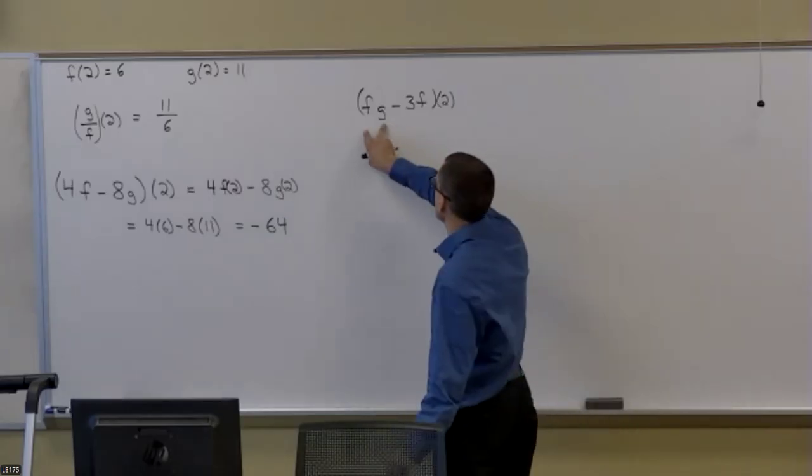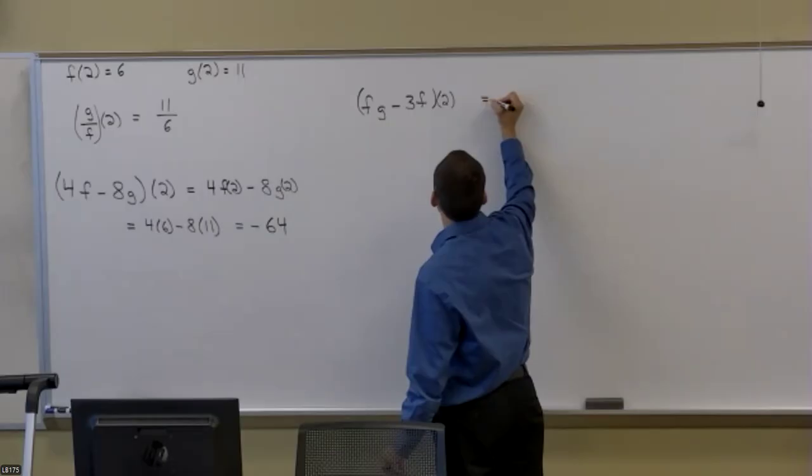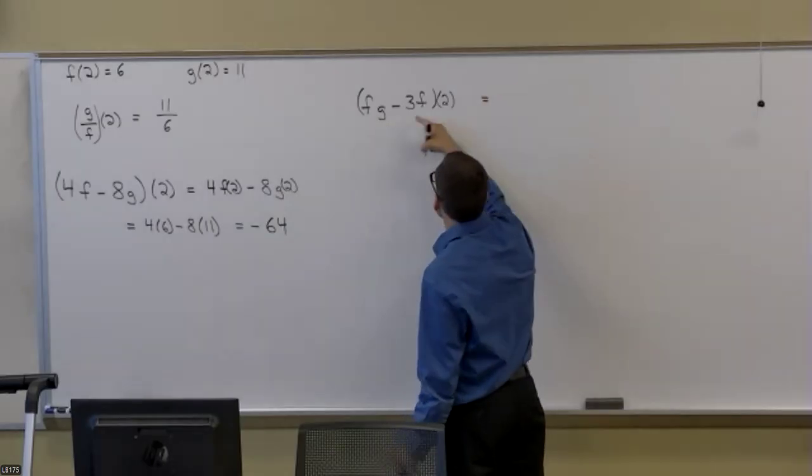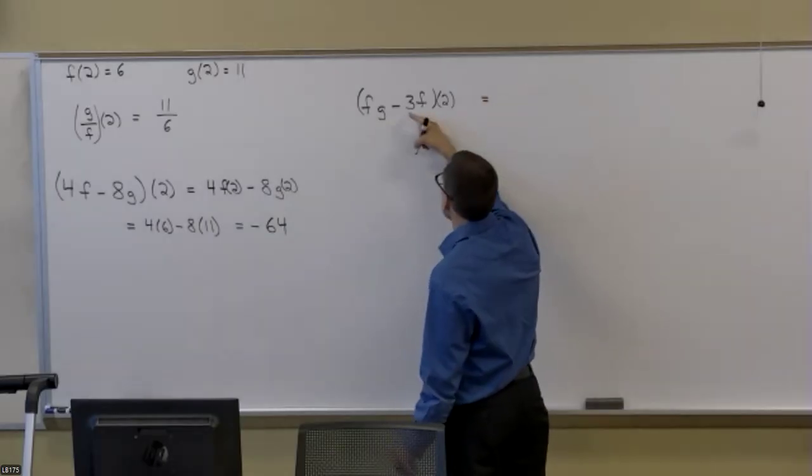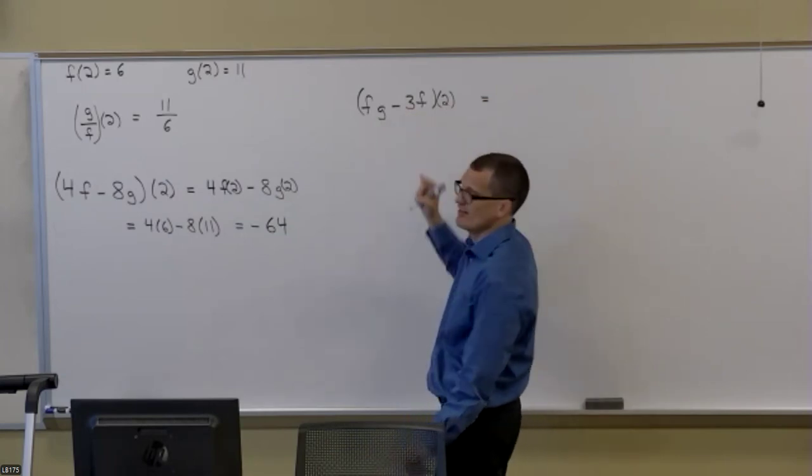And again, that's the same concept over here. We're taking F times G minus 3 times F. This is just the constant function 3.